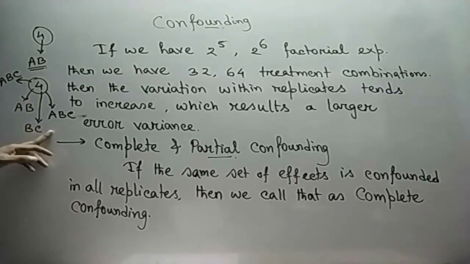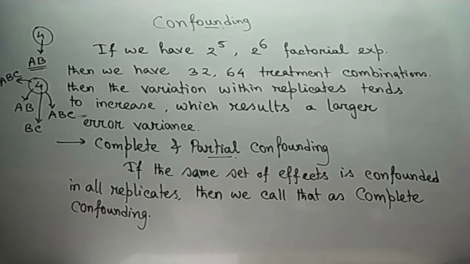So partial confounding means if we take 4 replicates, then in different replicates at least more than one treatment combination is confounded. In the completely confounded case we can see that AB is confounded in each and every replicate, but in partial confounding at least more than one different treatment combination is confounded in different replicates, then you can say that partial confounding occurs.